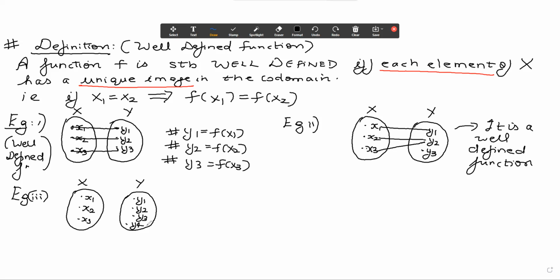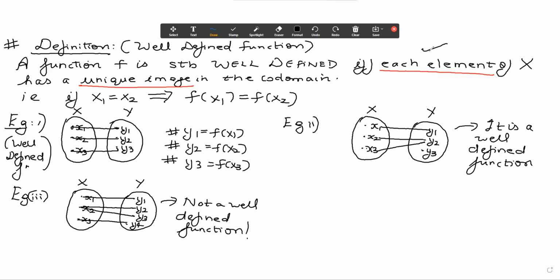Let's take this example. So x1 is related to y1, x2 is related to y2 and y3, x3 is related to y4. Is this a function? No, not a well-defined function. Why?